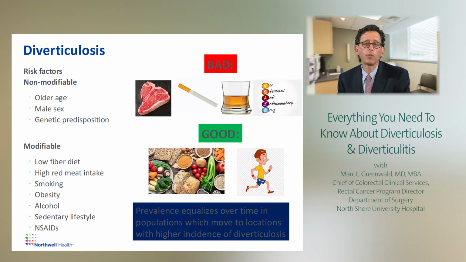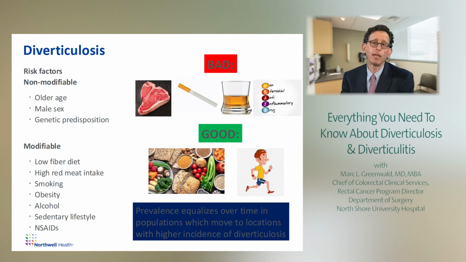It turns out that if you take a population of people that move from an underdeveloped country and move to a developed country, and you follow that group of people over the years, initially, when they leave their country, their risk in that population of having diverticulosis and diverticulitis is low.